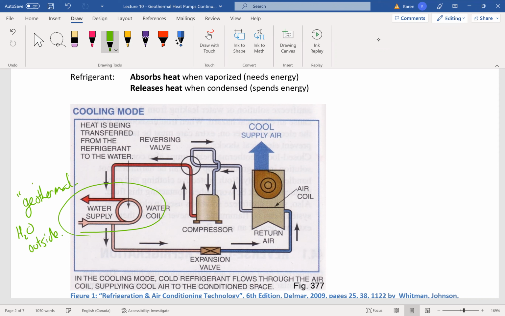We say geothermal, since geo means earth, but it could also be a pond loop or something. We still call that geothermal, but it's a water-based exchange. We've got our expansion valve, our compressor with that reversing valve, and then it's just going through your evaporator or condenser, depending on which way it's going.